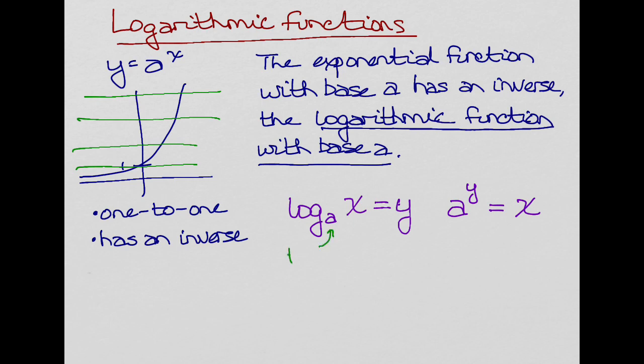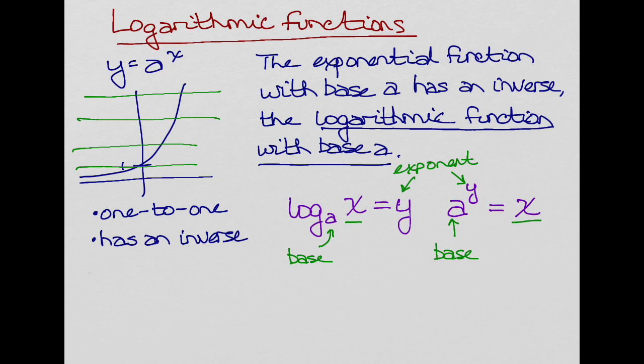We have the base of A, the exponent y, and this third number that I don't have a great name for. I've heard it called the argument of the logarithmic function, so I might use that sometimes, but this third number, x. So these two statements give exactly the same information. They just do it in a slightly different way.